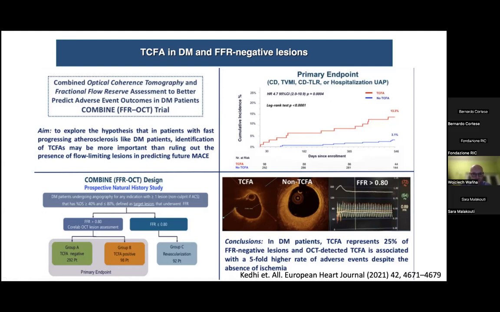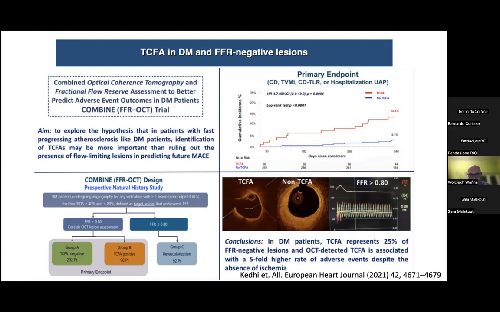Significant stenosis was defined as an FFR less than 0.8, and those patients did not play a role in that study. However, the patients who were included in those studies were those with FFR more than 0.8, so non-significant stenosis in coronary artery disease, however with diabetes.